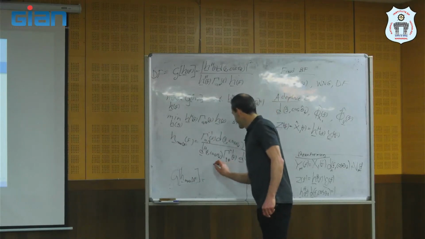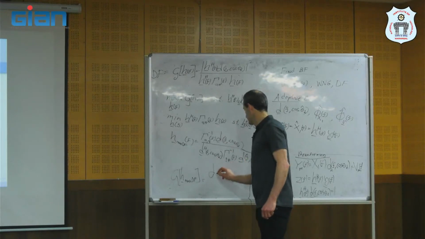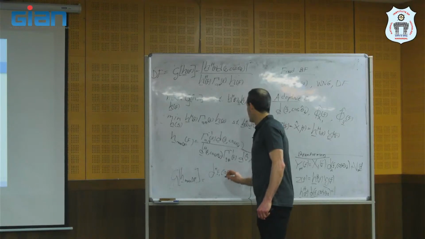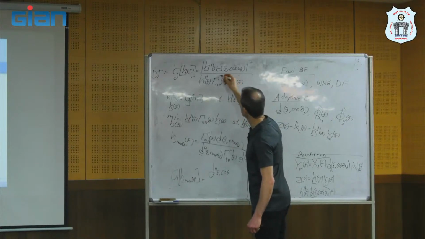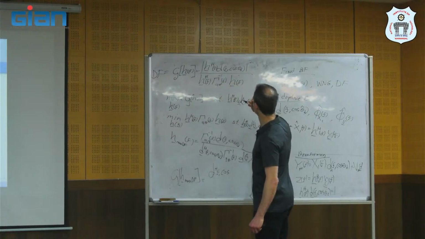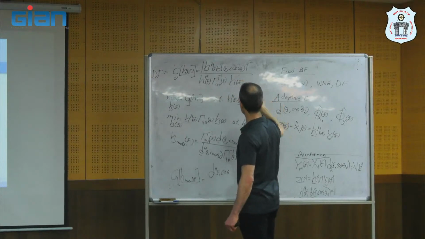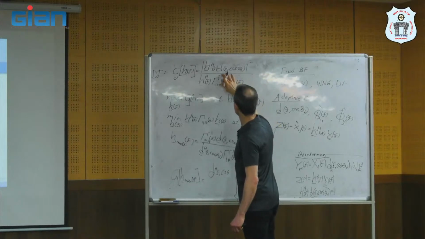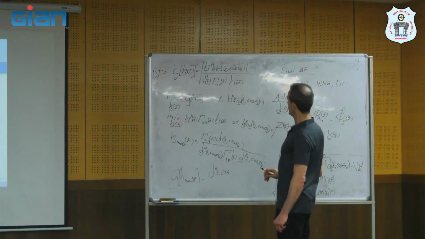So it will be d h f cosine theta d. By the way, here it's minus 1, please correct it. No, it's like this. Sorry, it's without minus 1.